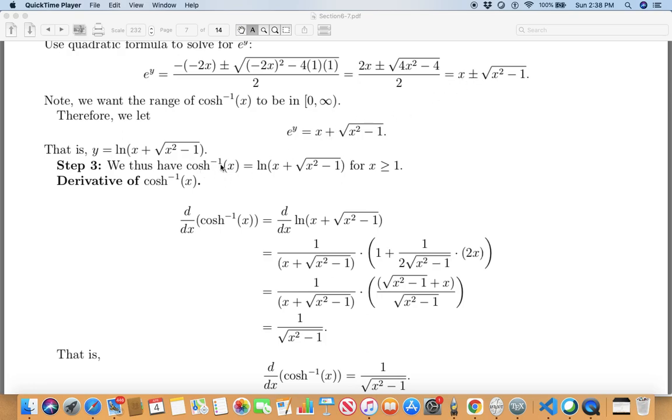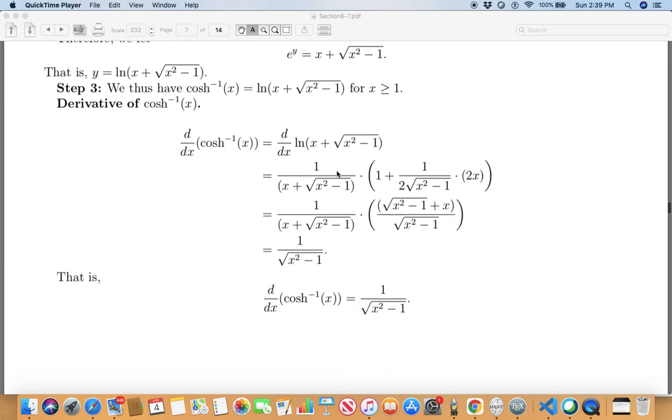So the cosine hyperbolic inverse function is defined to be natural log of x plus square root x squared minus 1. And this is defined for x greater than or equal to 1. Now, the derivative of cosine hyperbolic inverse x is the derivative of the natural log of this expression.